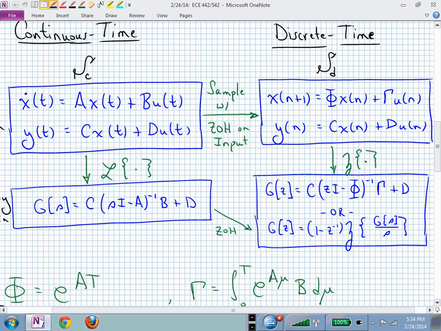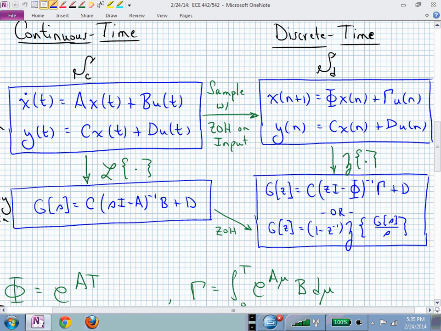Meaning, if you had an X vector that contained position, velocity, voltage, current in the continuous time system, you would have the same meaning to those variables or components of your state vector on the discrete time system. They would now be corresponding to position, velocity, voltage, and current, if that's the order that I had them before. You can see that the output equation goes across unchanged or unaltered in this description.